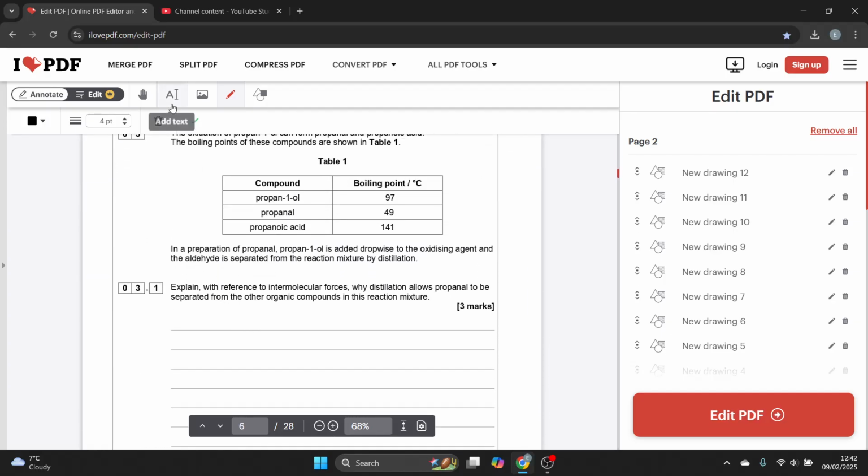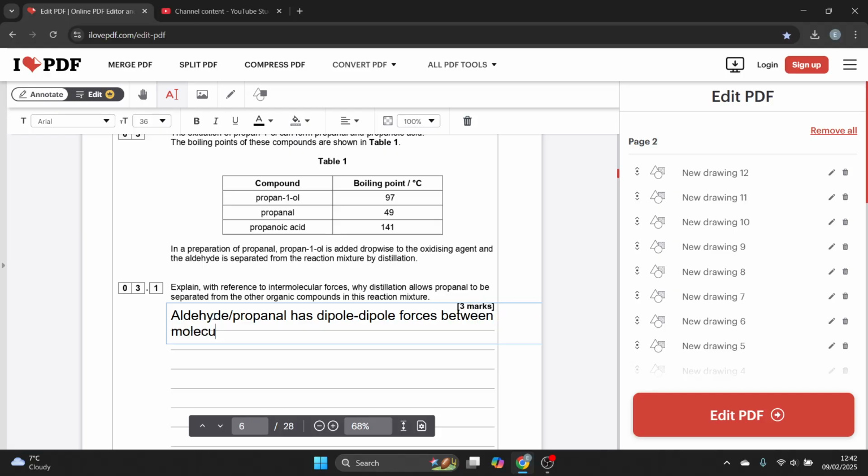Explain, with reference to intermolecular forces, how distillation allows propanal to be separated in this reaction mixture. So aldehyde / propanal has dipole forces between molecules.